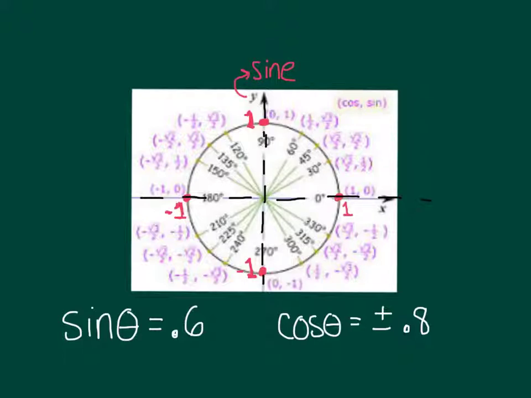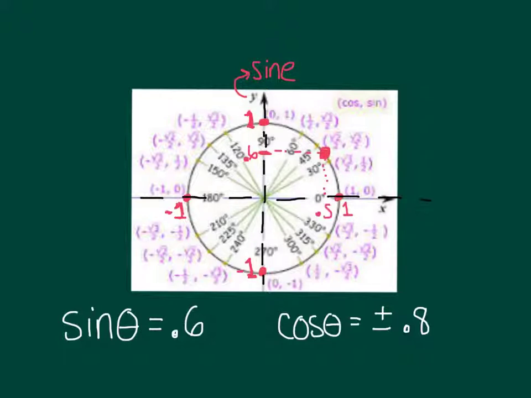So 0.6, if this is my y, well, this is 1. So 0.6 would be just above 1/2 or so. It's not too important where I put it. But let's say it's right there, 0.6. If I'm looking for corresponding x values, I can go to the right and find one right here.